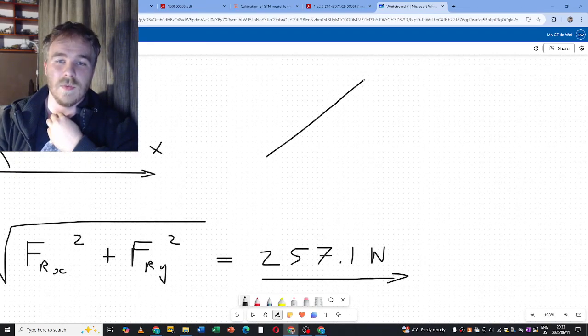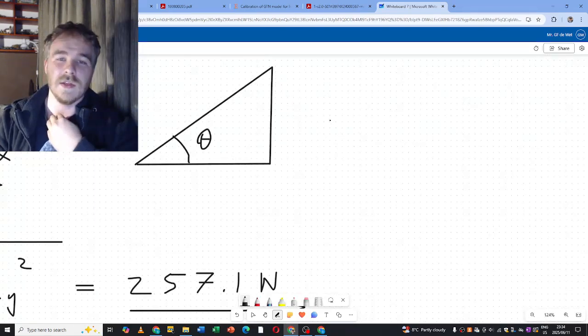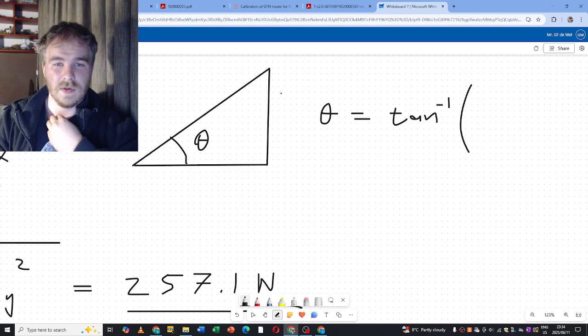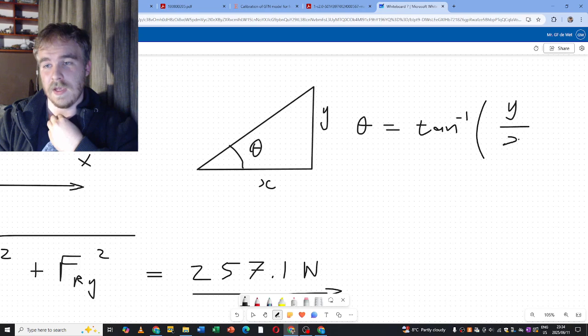So if we have a really general triangle, something like this, we want to calculate theta, then we can say that theta is equal to arctan of, let's say this is a y value and this is an x value, and then it will be of the y over x.